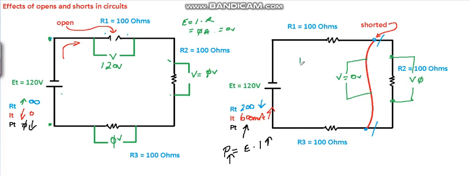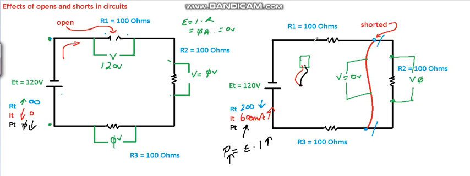It's just like taking your voltmeter and touching the leads together. There's no potential difference between those two, so I'm going to have 0 volts across the shorted portion of the circuit.